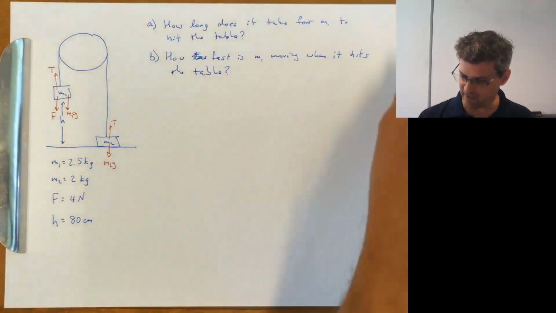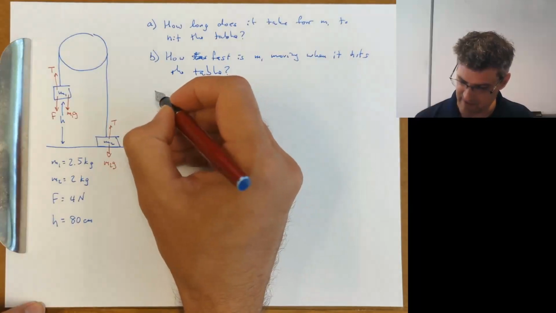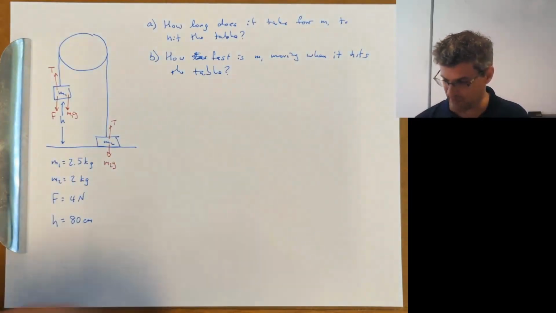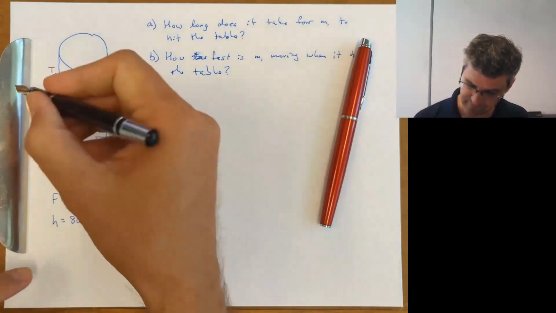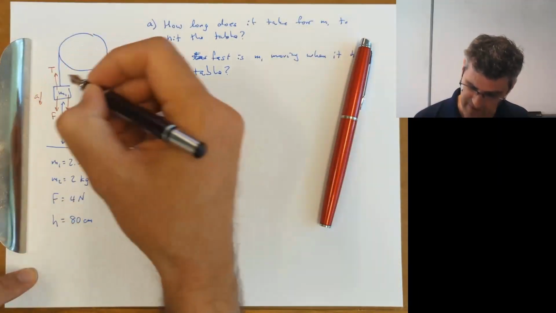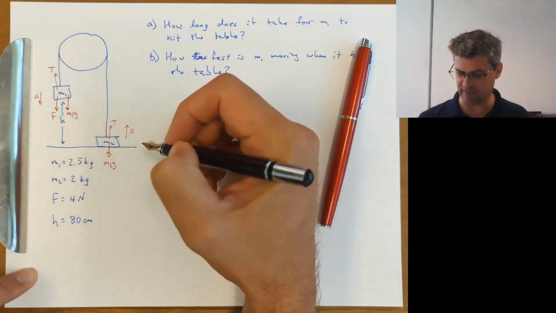These two diagrams give me two equations. First of all, M1 is going to fall, right? M1 is going to accelerate this way, and if M1 falls, M2 accelerates up.